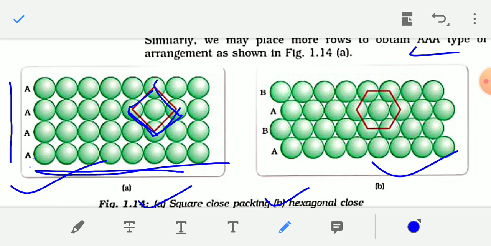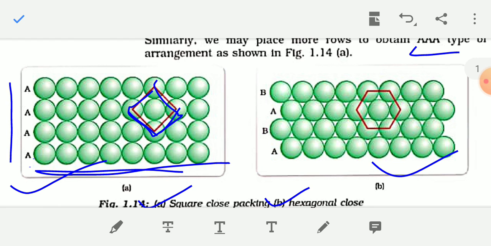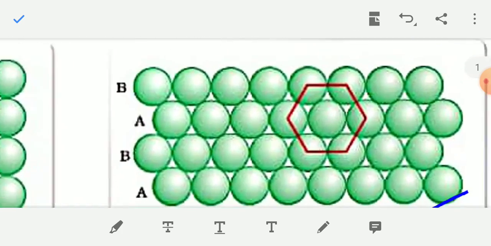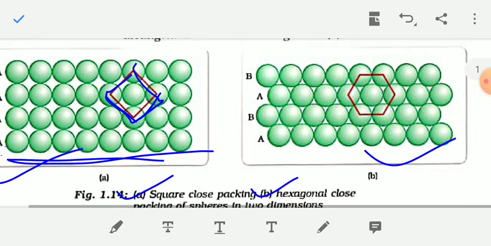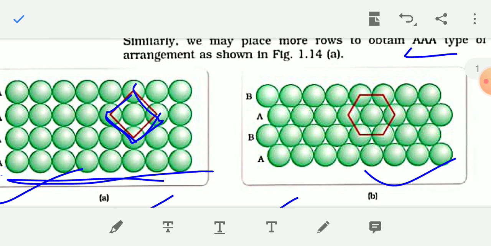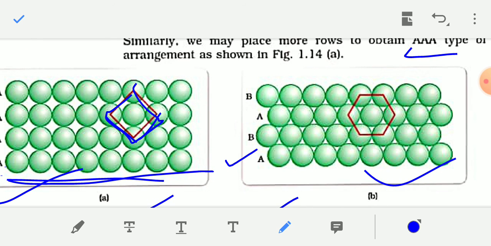Now see two dimensional hexagonal close packing. It is given at the right. This is two dimensional hexagonal close packing. In this type of arrangement, it is clear from this figure that all layers or rows are not identical. The first and second rows are not identical, but the first and third are identical, and the second and fourth are identical.